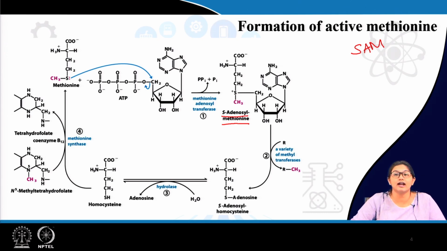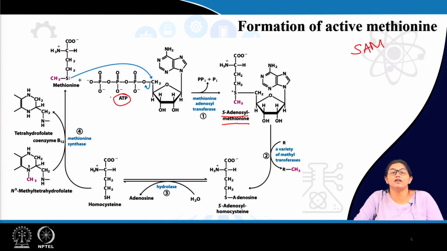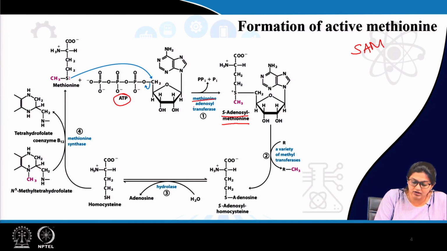By the name it is evident that there will be addition of one adenosine molecule to the methionine, and where does that adenosyl group come from? It is from ATP. So, ATP here is the adenosyl group donor, which with the help of methionine adenosyl transferase forms S-adenosyl methionine or SAM.